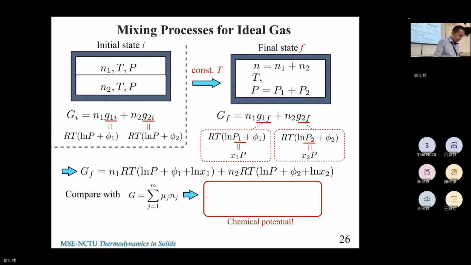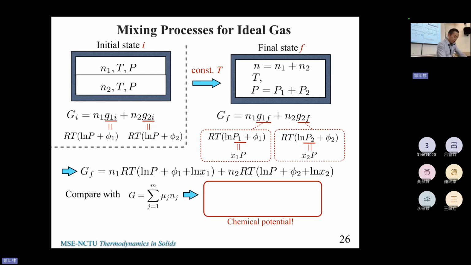加油。So mixing process for ideal gas. We have initial state I and final state F. And of course, we have a wall between them. Before we take off the wall, you have N1, T, P, N2, T, P. No problem, just the same condition, right? The same temperature, the same pressure.